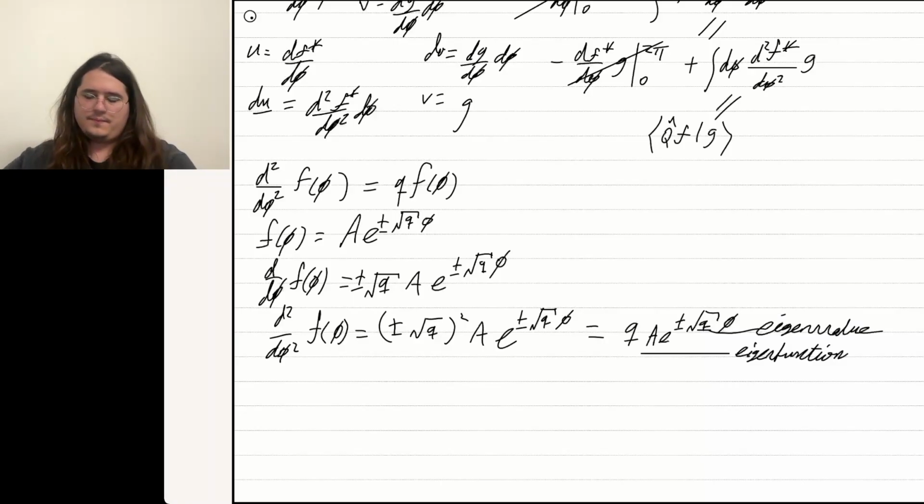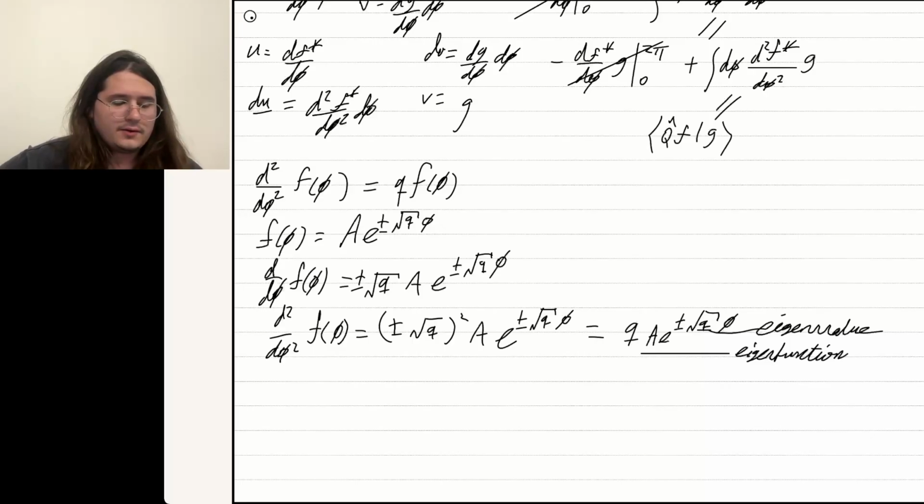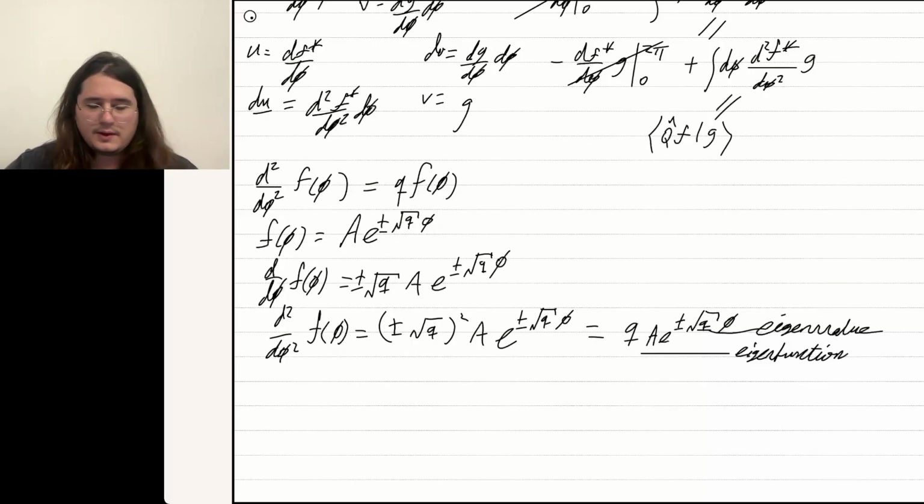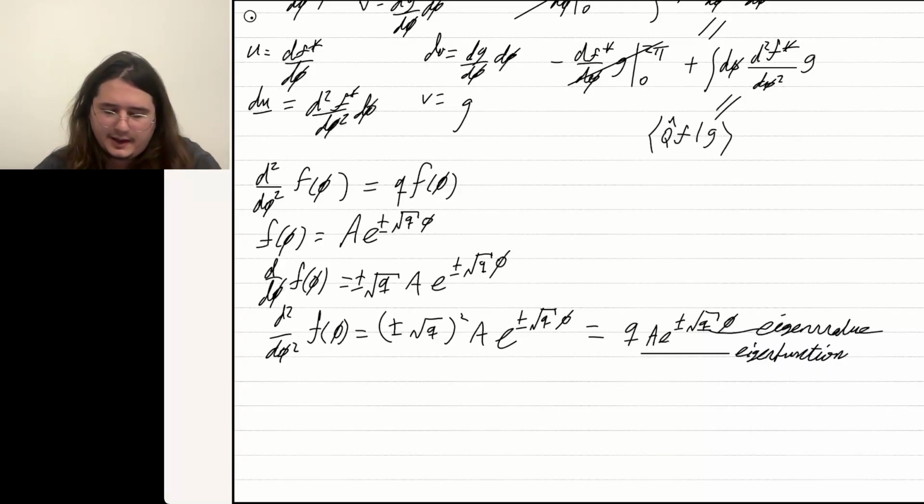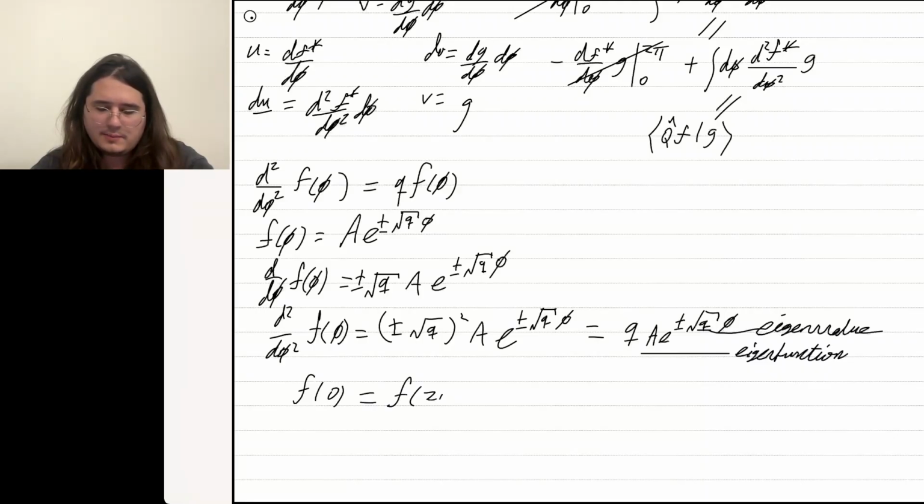Cool. And then finally, what is the spectrum of Q? That is just saying what values Q can actually be. To find these, we have to make use of the fact that for functions of phi, the value at 0 and the value at 2 pi have to be the same because it has to be a cyclic function.